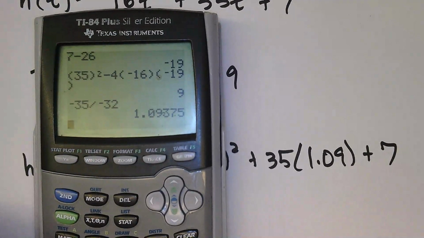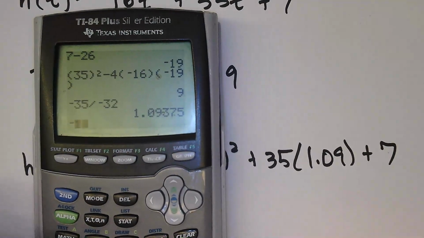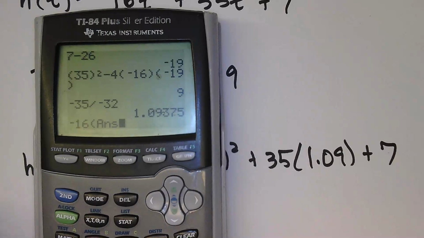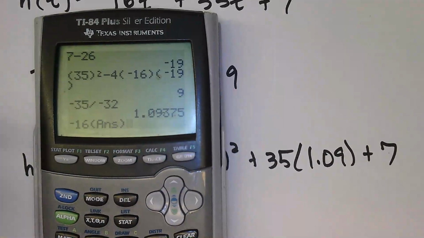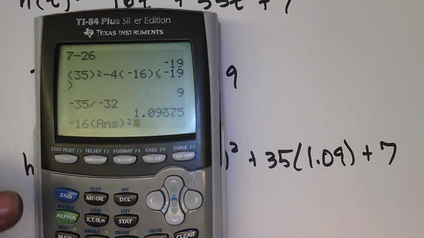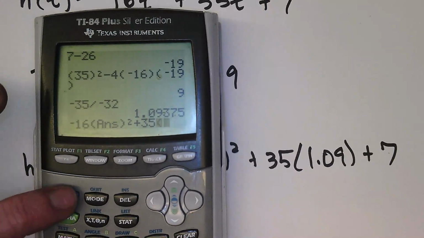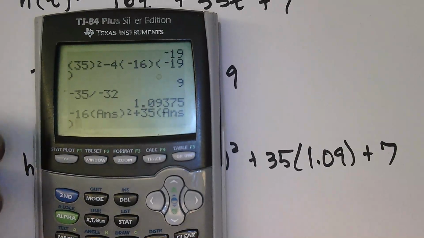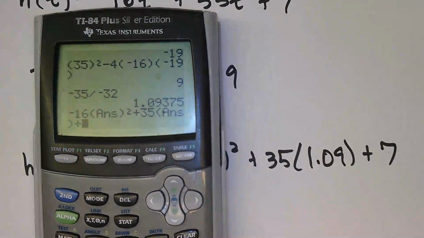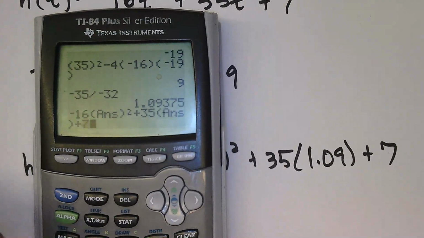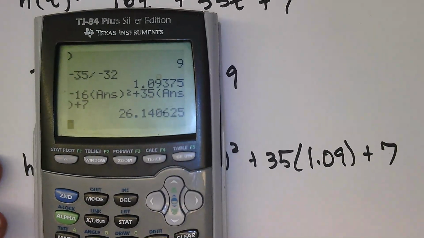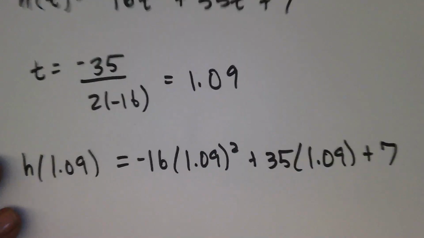I'm going to use a little sneaky trick here. I'm just going to use the previous answer. So this will be negative 16 times that previous answer, so I don't even have to round it, squared plus 35 times that previous answer. I'm just plugging this number in for the t value, plus 7. And I get about 26.14.